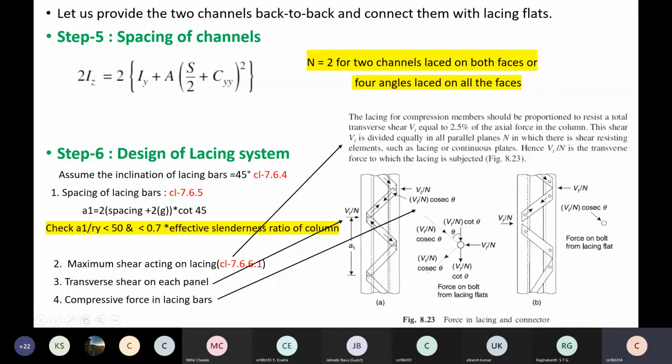Now we'll calculate the spacing of the lacing bars. Here you can see in the figure, A1 is the spacing of lacing bars. They have given that A1 should be 2 times the spacing plus 2 times the gauge distance into cot 45. The gauge distance is 50 mm, which is already given in the section properties. Spacing you got in the 5th step.